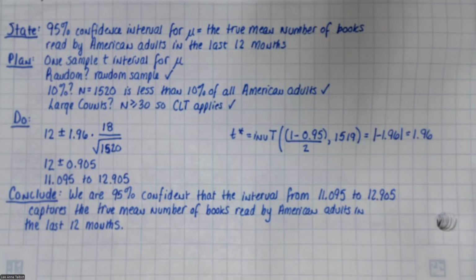And I sort of feel like I got manipulated by the system of stats there, because the sample mean was 12. Why couldn't I have just used the sample mean as my estimate? Well, I kind of could.